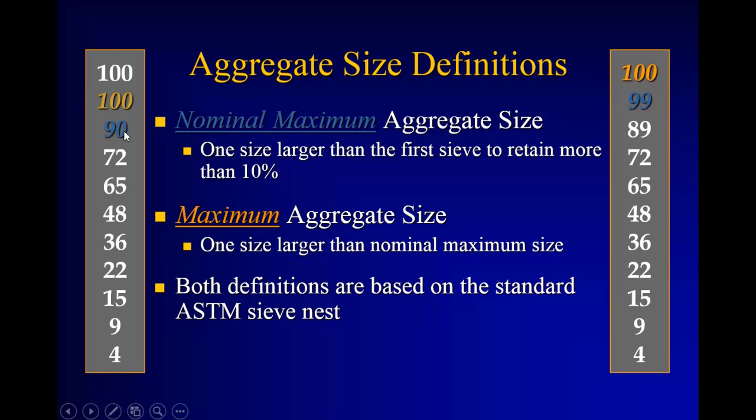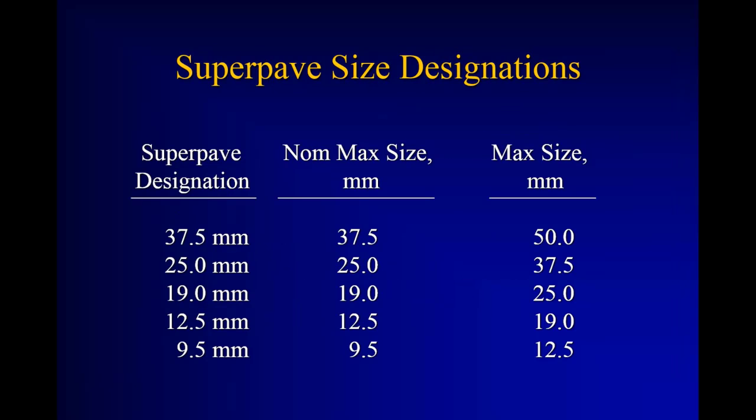And therefore the blue here is the nominal maximum, and by definition the maximum is one sieve size larger. So in Superpave you have these different nominal maximum aggregate size mixes from basically here 1.5 inches down to 3/8 of an inch.